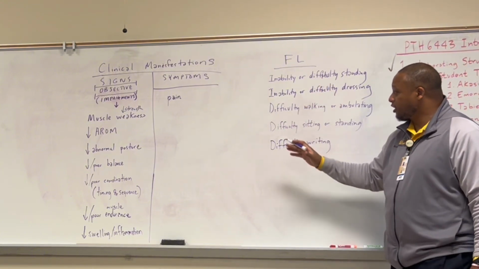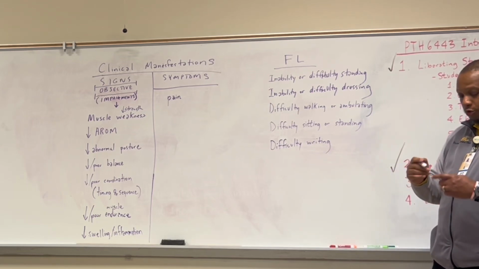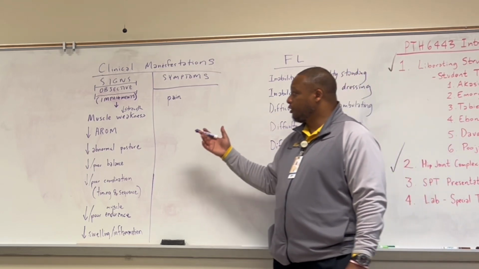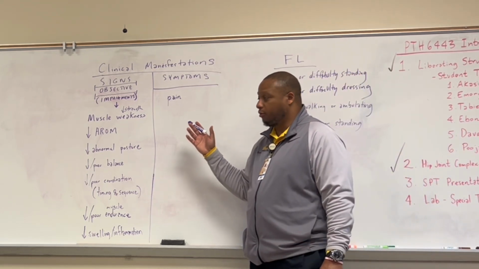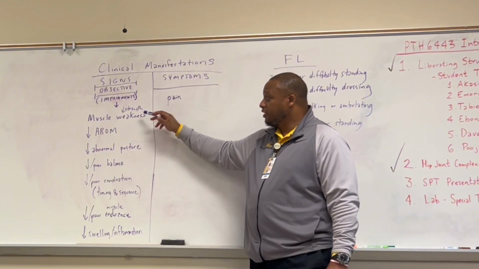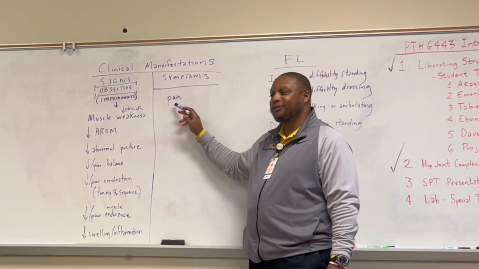So your functional limitations are gonna be things that people cannot functionally do, okay? Most of your patients come to you about pain. These are gonna be the impairments. These impairments are typically what's causing the pain.